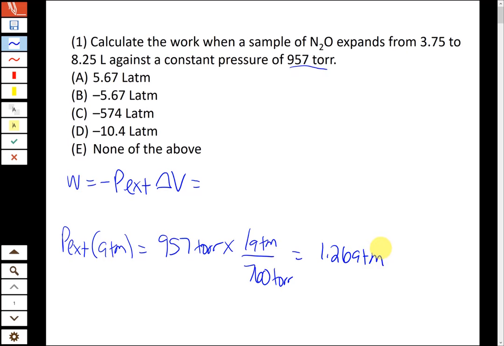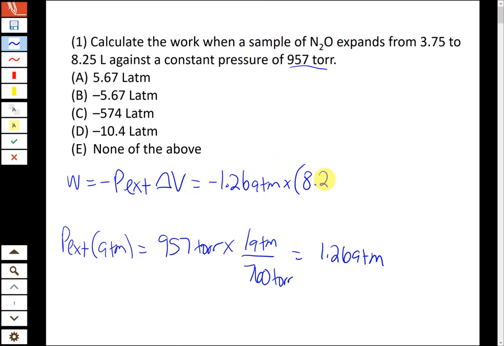Usually when you're doing this equation, work equals minus external pressure times delta V, you'll put the pressure in atmospheres initially. And then, depending on what your answer choices' units are, you may need to change that at the end. But we'll start with atmospheres in almost every case, and then we'll just have to do delta V, which is final minus initial. So it's going from 3.75 to 8.25.